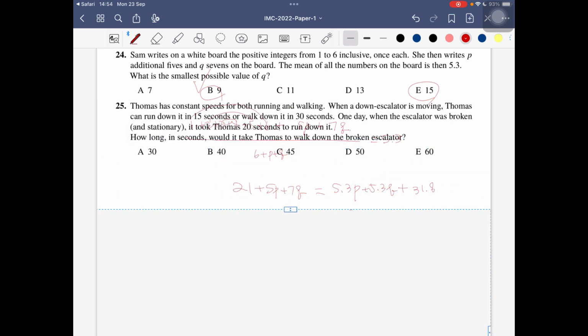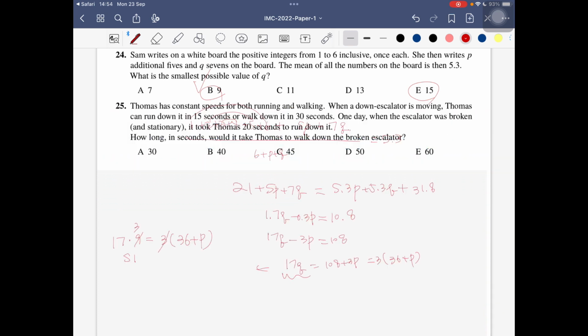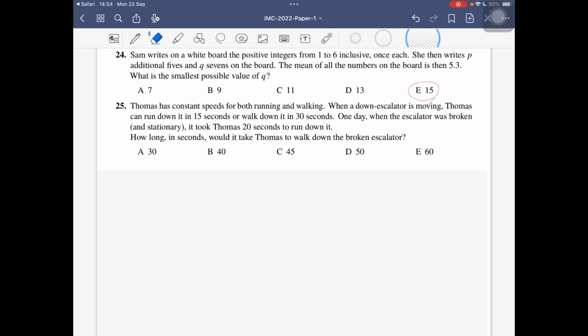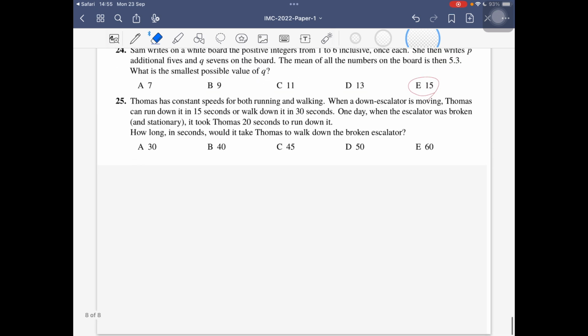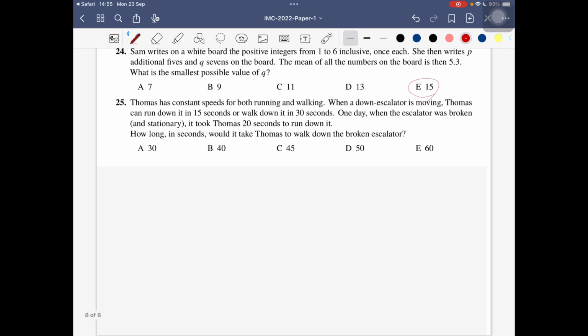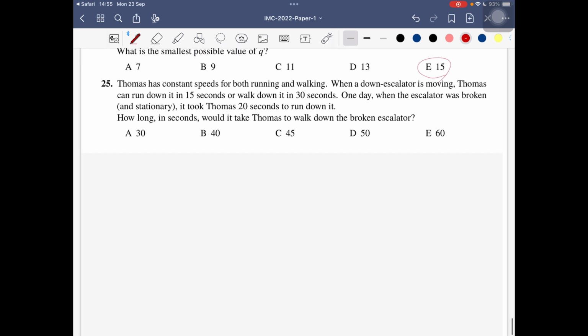And the next one. Thomas has constant speed, running and walking. Oh, then there is no reason to run. Yeah, the down escalator is moving. Running down takes 15 seconds, walking down takes 30 seconds.